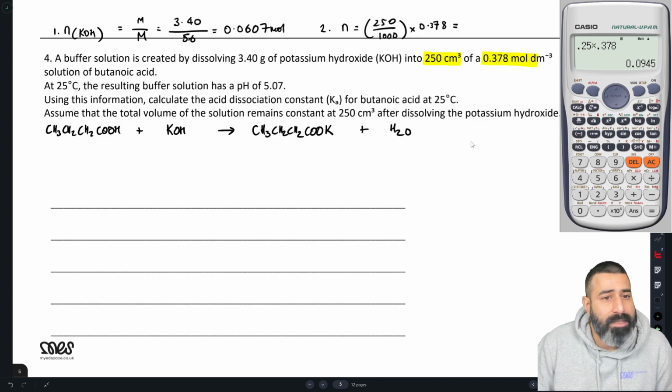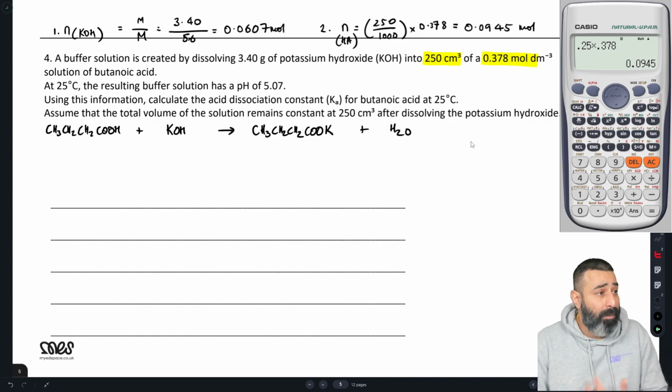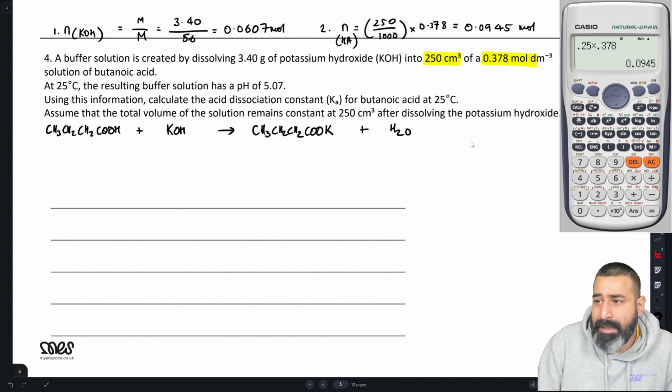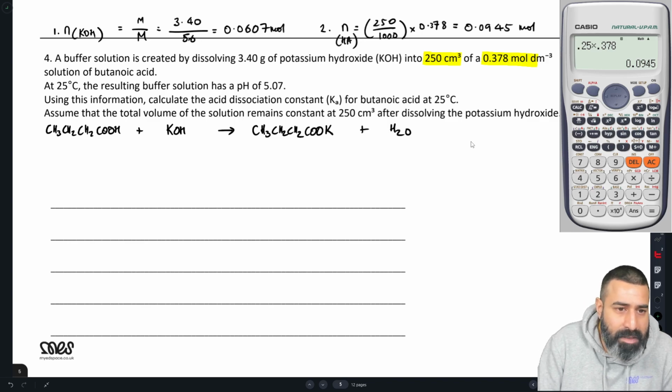So we get 0.0945 mole of the butanoic acid. Just going to call it HA in my label, okay? All right, so now what I'm going to do is take those values and put them into what I'm going to call an ice table. It's not, but these are my initial number of moles, okay?